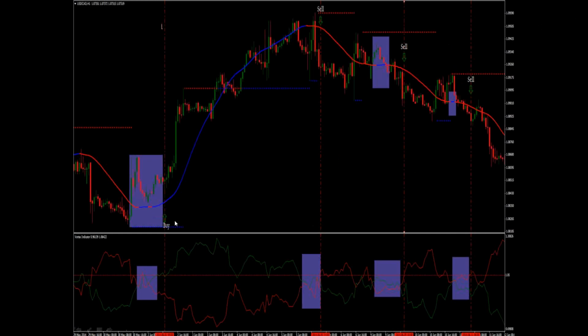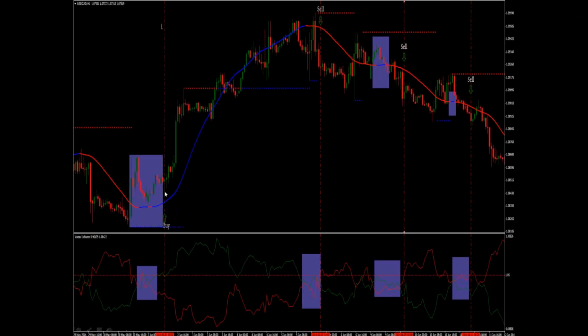Actually, this filter is doing good. I like these few things, blue dots and red dots, because they are good to use as interim support and resistance. When you have experience with trading, you usually don't need any of those indicators to mark support and resistance. But it's okay to have it, because then you don't need to watch support and resistance manually.